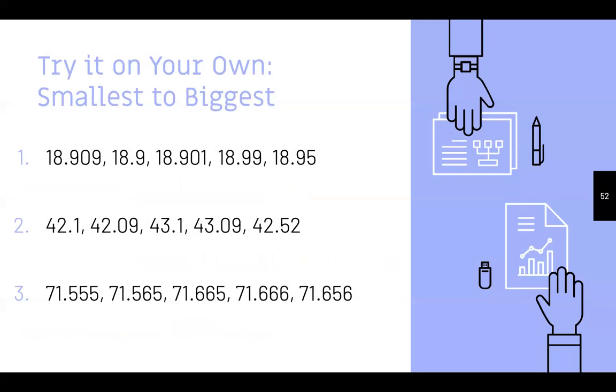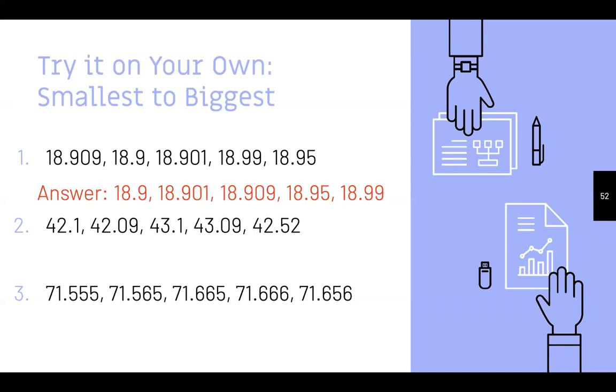Pause the video now. I am going to keep going. The answer to the first one, right? Compare. You see that the 10th spot is the same for all. So we've got to go to the hundredths. Well, 18.9 has 0, so that's the smallest.